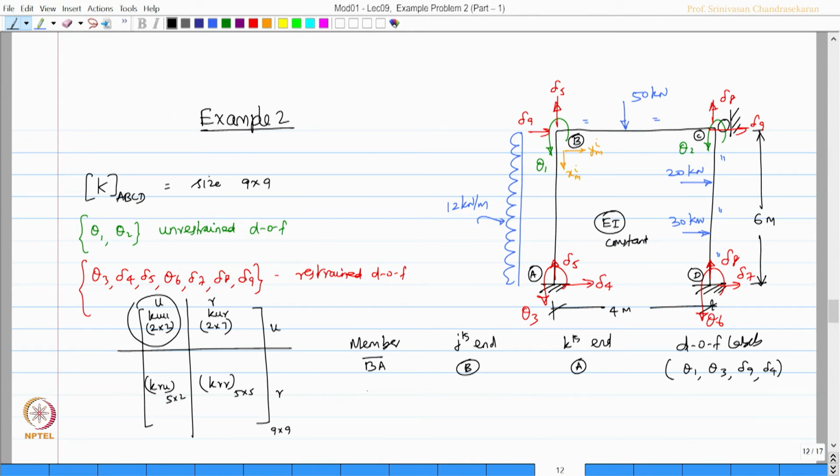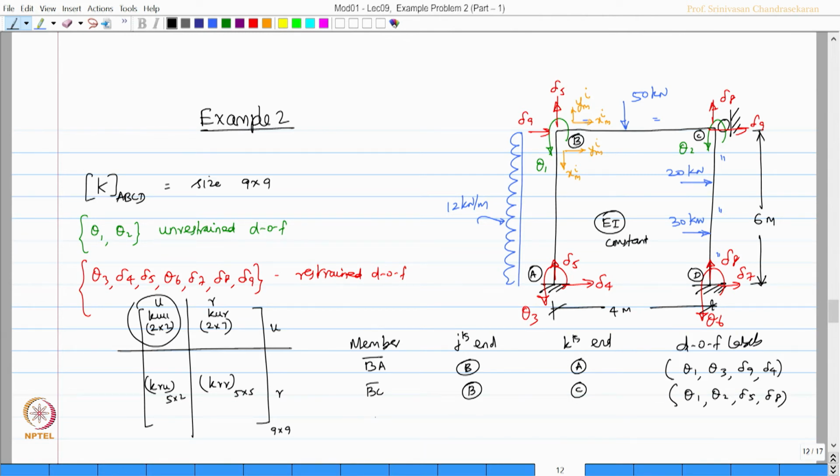Similarly, member BC, B end is J and C end is K. Degrees of freedom are going to be, let us say this is XMI, this is YMI for this member BC. So, the degrees of freedom labels are going to be theta 1, theta 2, delta 5 and delta 8.